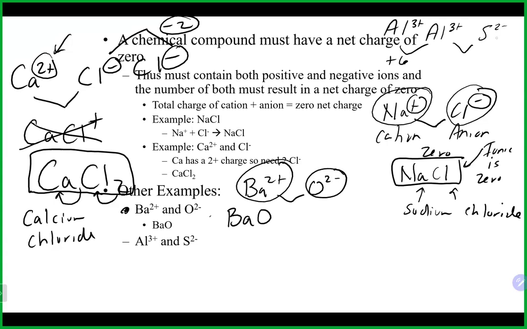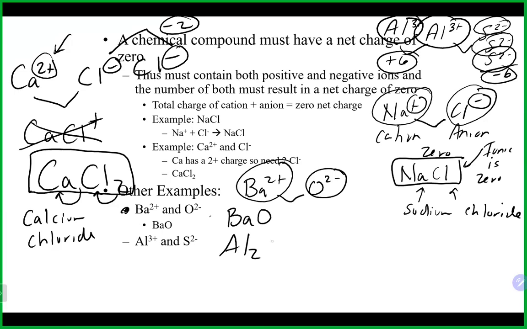To get my sulfide to 6, I need not 1, not 2, but 3 of them, which will give me a -6 and a +6. At this point, I could write my formula. I have 2 aluminums, 2 to the right there, and 3 sulfurs, and that will give me my proper formula. Aluminum sulfide, by the way, would be that name.